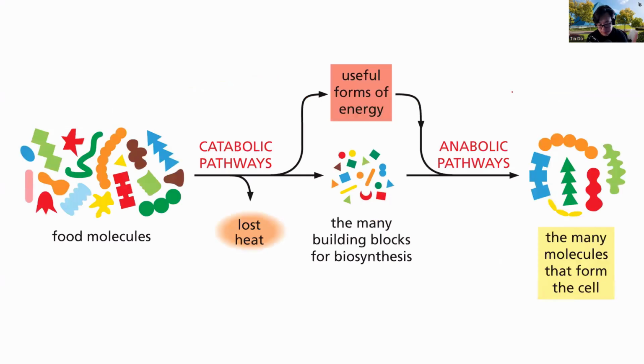Now, remember, as we're digesting things, as we're breaking molecules down, this is what we call a catabolic pathway or catabolic reaction. Catabolic means breaking down of. Energy is usually conserved throughout, whether it's potential energy, kinetic energy, doesn't matter. It should be conserved.